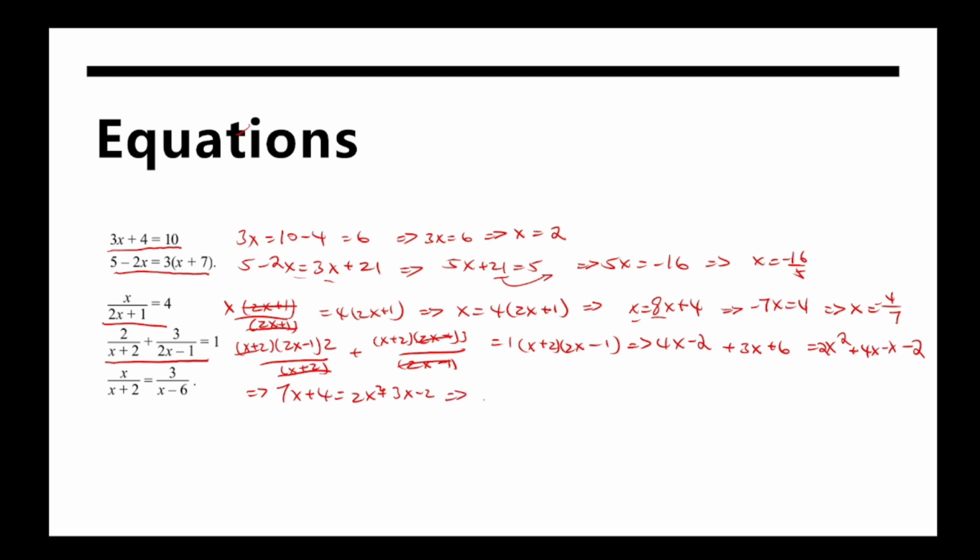Moving it all to one side, we'll have 2x² − 4x − 6 equals 0. Taking out the 2, times x² − 2x − 3 equals 0. This is obviously in the (x + a)(x + b) form, and a and b here are actually −3 and +1.